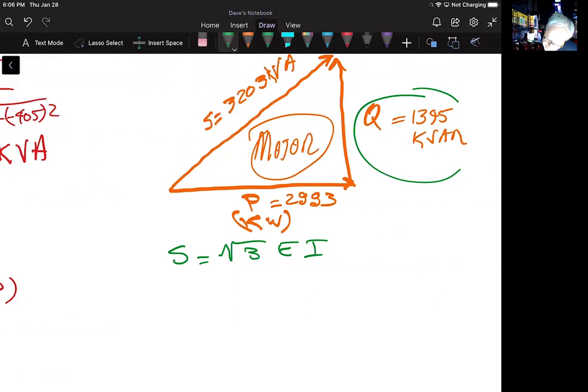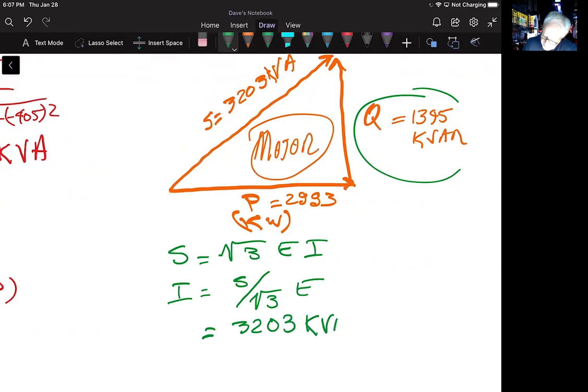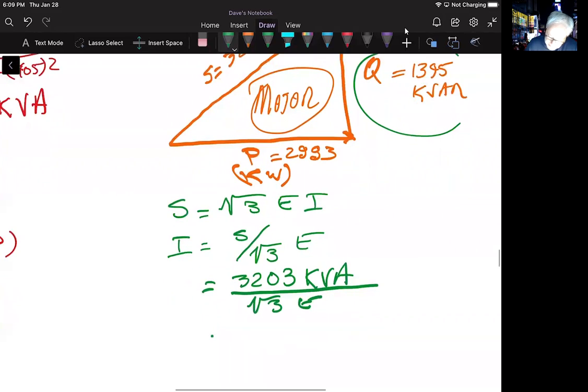Motor line current I is going to be S divided by square root of 3 times E. Now, remember from here that the apparent power for the motor was 3203 kVA, divided by square root of 3 times E.